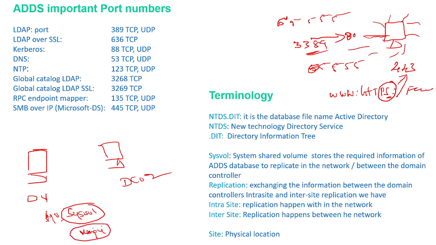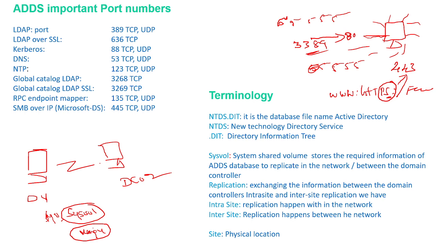Now this information, everything will be in sync. If you have 10 domain controllers, all the 10 are the same. You create a user in dc01, that will go and sit in the remaining 9 domain controllers. You delete a user in one domain controller, that will get deleted in all the remaining 9. Means everything is in sync.